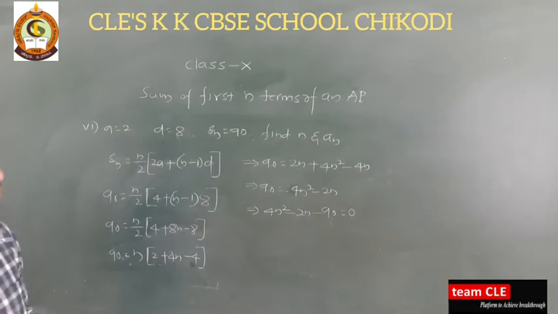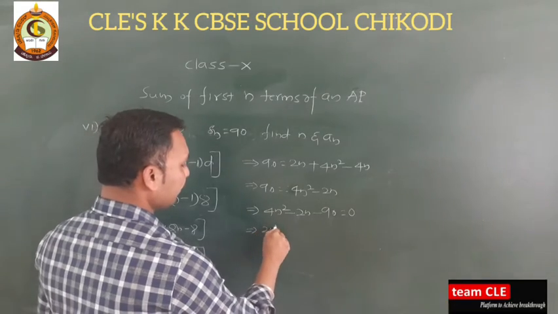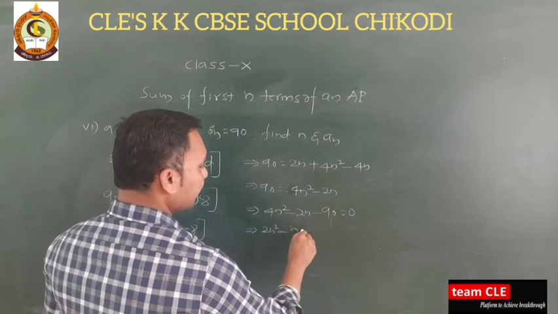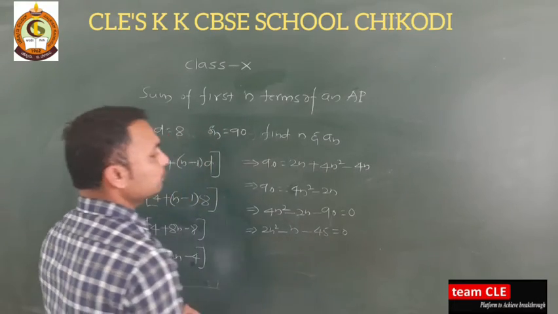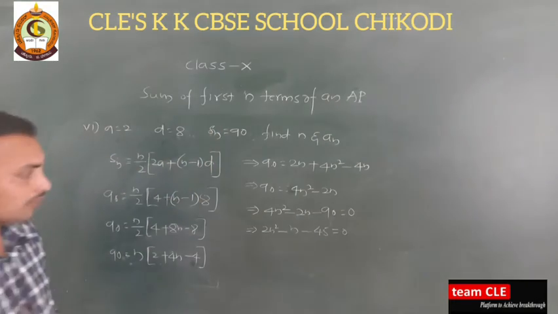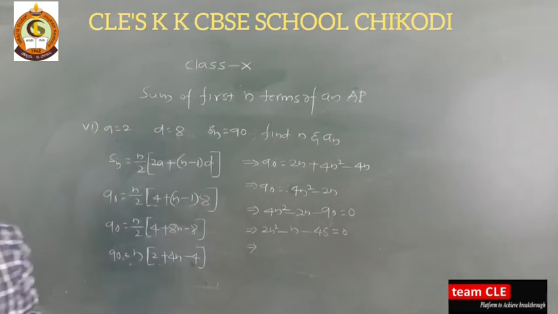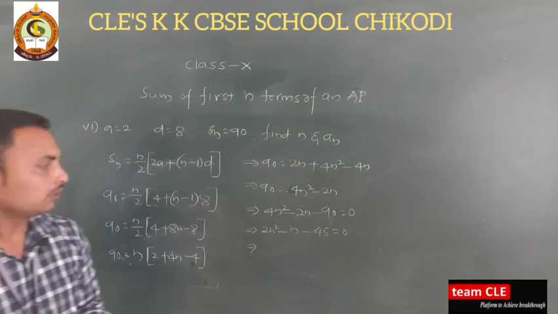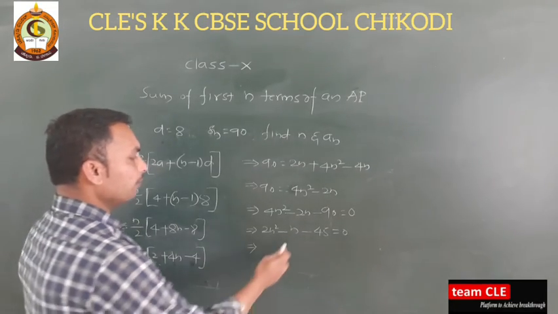Okay. Now can we take common here? We can take the common. So this becomes 2n square minus n minus 45, isn't it? So 45. Next, what are the two numbers that will give us 90? And we need only n.